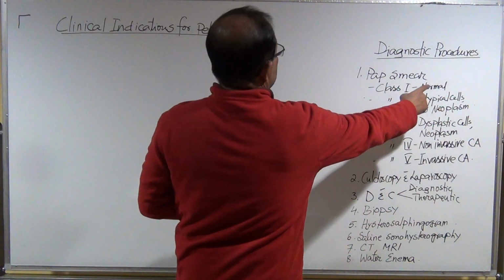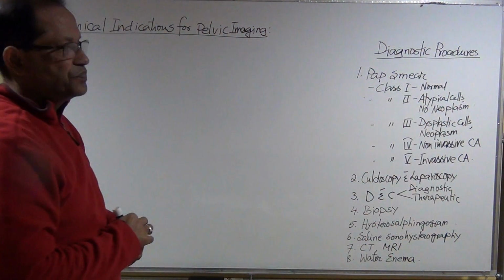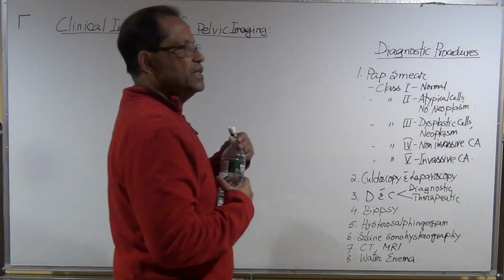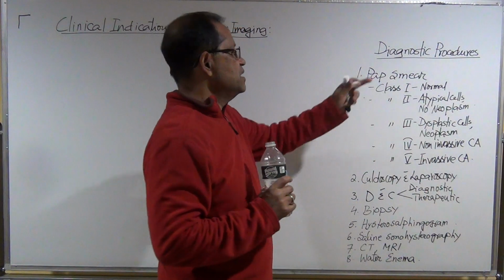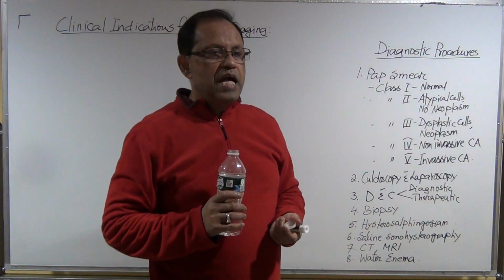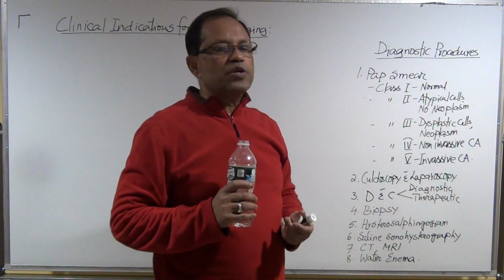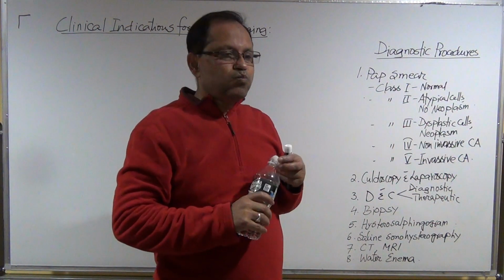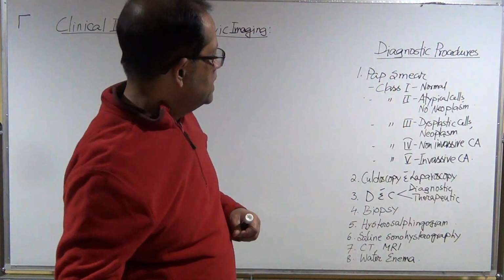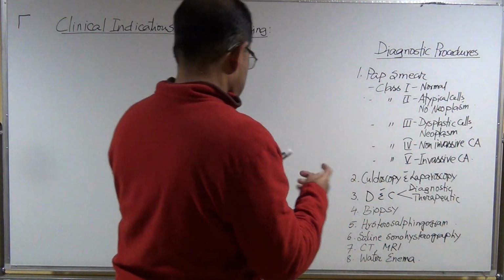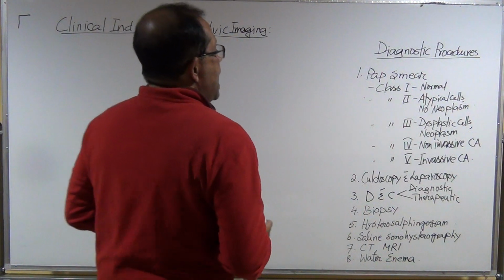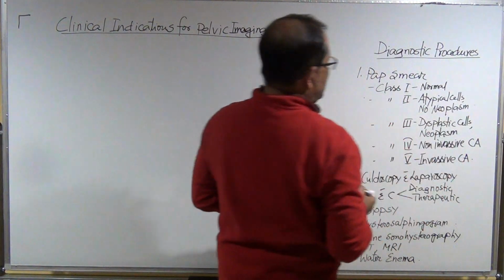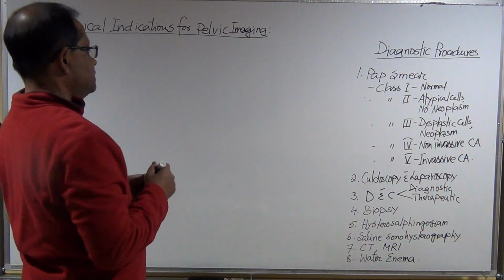If on the slide there is no change, cells are normal, they know the typical cells, and they found the typical cells, so then we consider it normal. That is a normal cervix. And class 2, when there are atypical cells but no neoplasms.